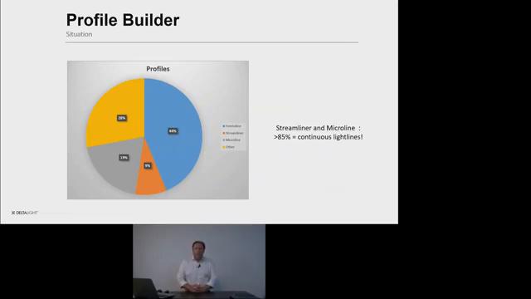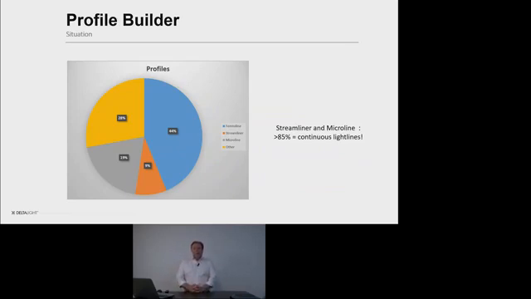However, if we look at Streamliner and Microline, we see that more than 85% of all the profile drawings that we are making today, or orders that we are getting for these two profile families, is in fact continuous light lines. That means that we have continuous light without using spotlight or downlight, etc.